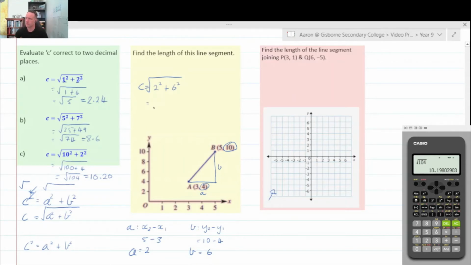So we have square root of 4 plus 36. And this can be all done in the calculator. You can plug this whole thing in. I'll show you how to do that in just a tick. So square root of 40. And if we head over to our calculator now, square root of 40 is equal to 6.3.